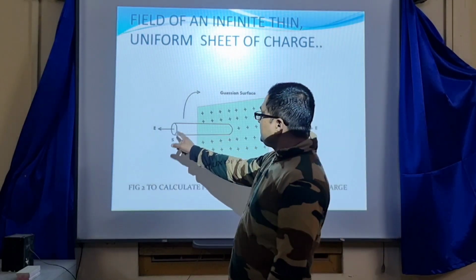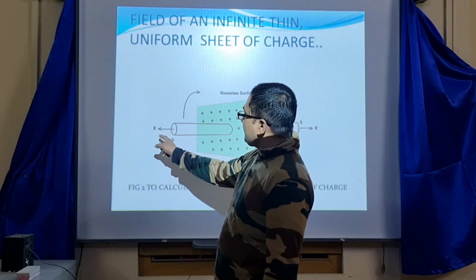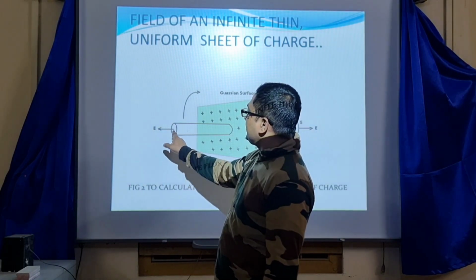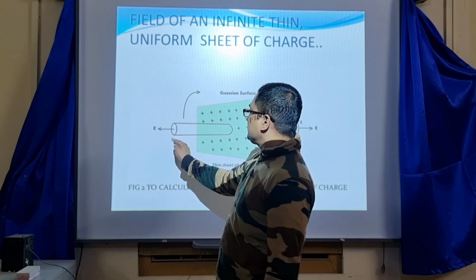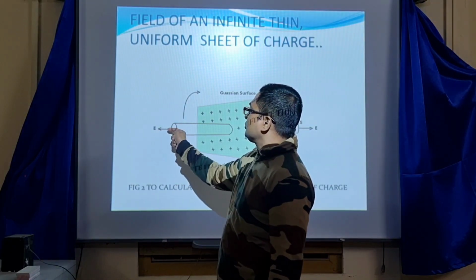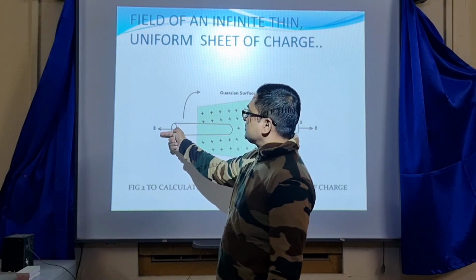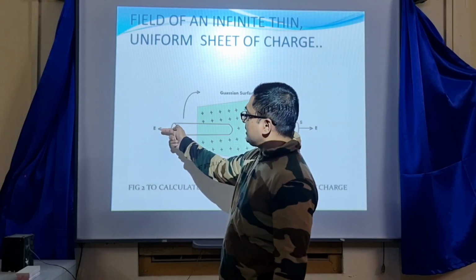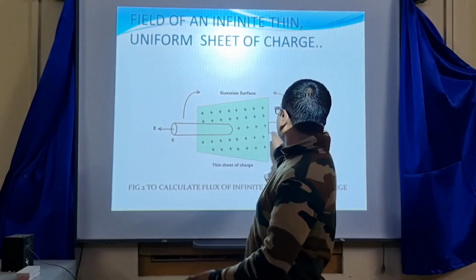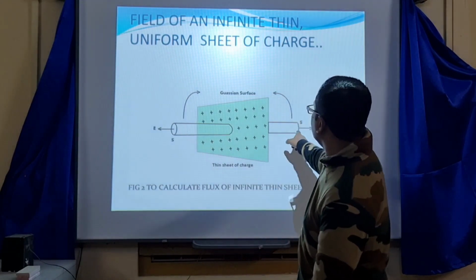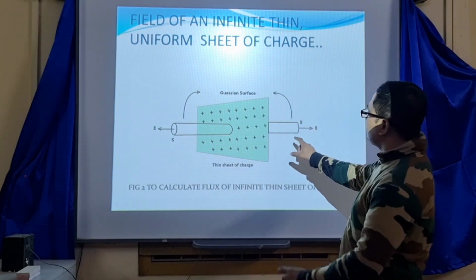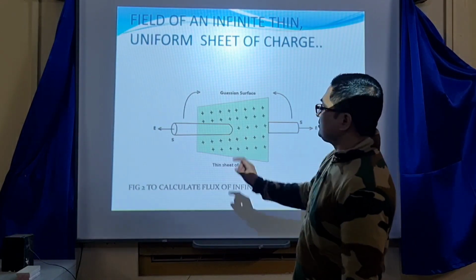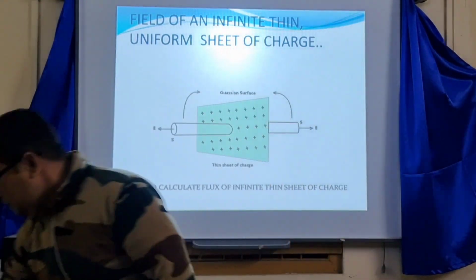Similarly here, the area vector representing the surface S is in this direction, so the normal to the surface also has an angle of theta, so that means it is also ES. Since the two directions are opposite, we put a minus sign, and ultimately these ES terms will add up, and this will have a flux of twice ES. That's given in this equation number 2.